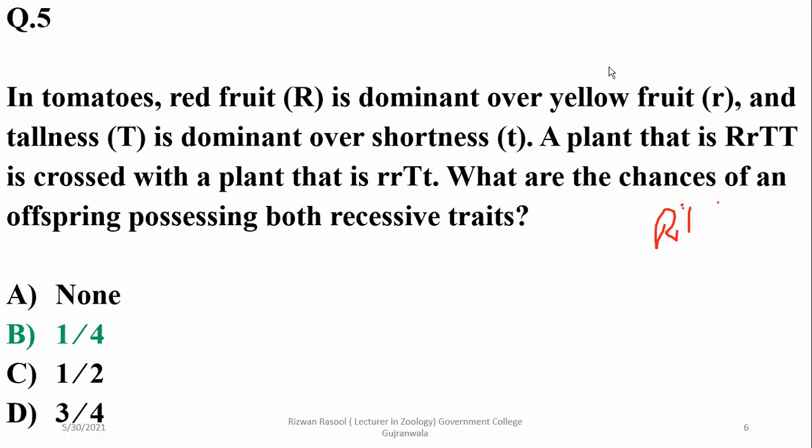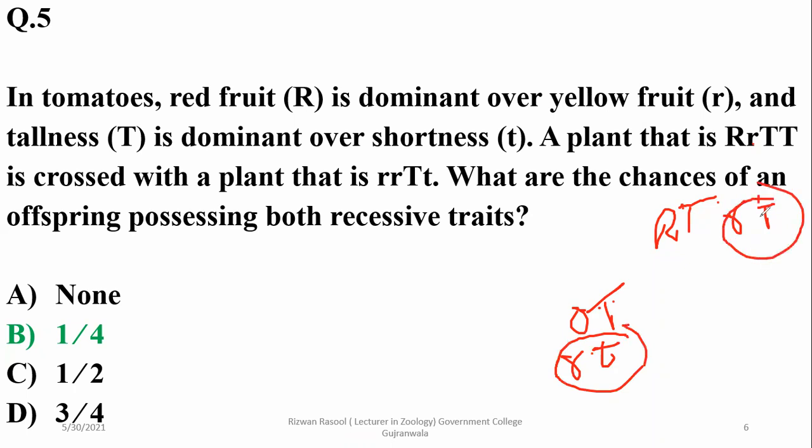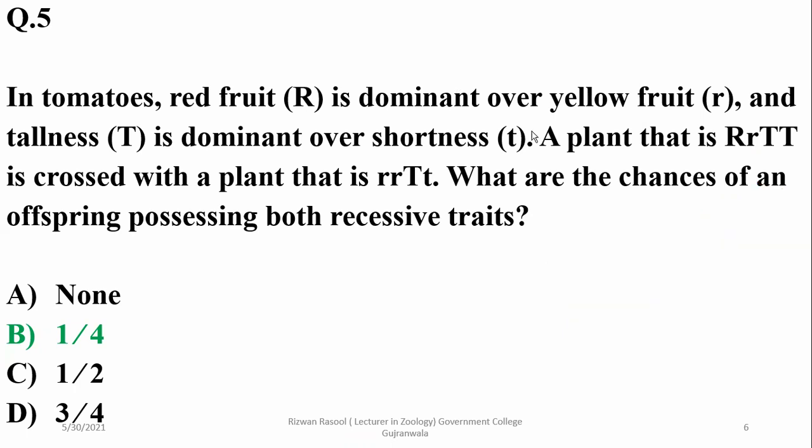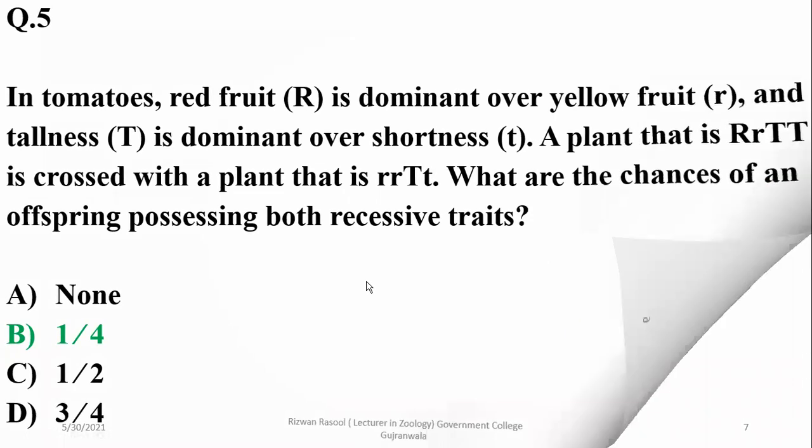And in the other case, we'll also get two types of gametes, that is small r, capital T, and small r, small t. So there are four possible phenotypes, but formation of a yellow fruit with dwarf plant will be 1 out of 4. So the right option over here is beta.